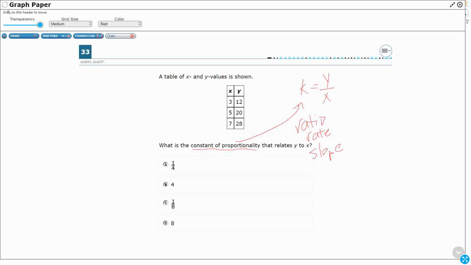And this y over x lets us know that we can find this constant ratio if we use this idea that you might have heard before, rise over run. That's one way to keep in mind, because when we're graphing, it's easy to forget which part goes on the numerator and which part goes on the denominator, right?